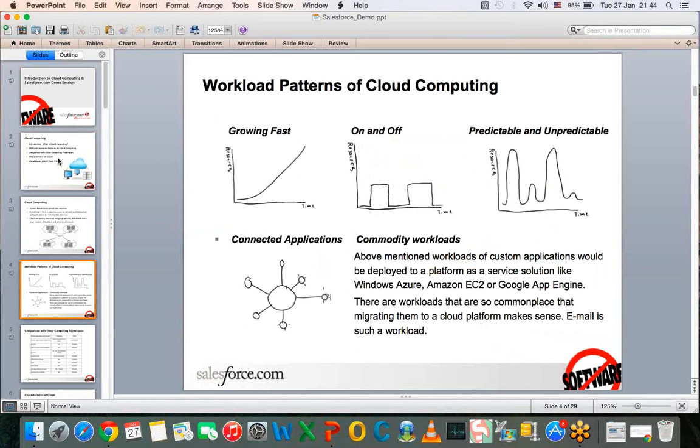To maintain that load factor, they increased the resources so that nobody would face a surge. If there is any slowness in the application, people would not be interested in using it. So to maintain that, they increased the resources. That comes under the growing fast pattern.